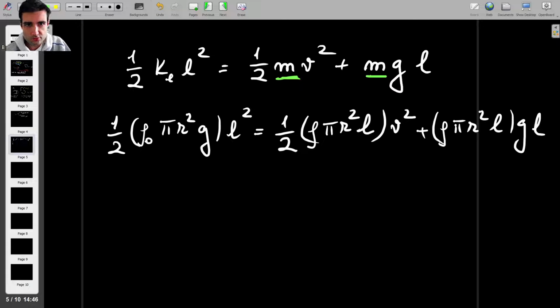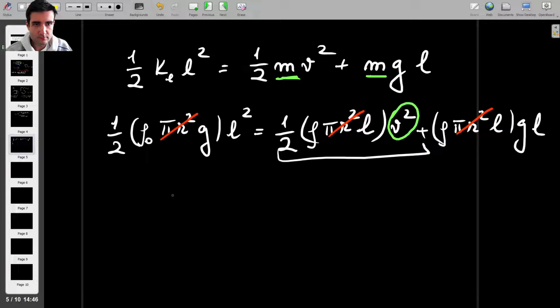So what you should notice is that we can cancel out pi r squared because it appears in every term. At this point, it's just a matter of rearranging to get v, or v squared for now. I'm going to write that term by itself.